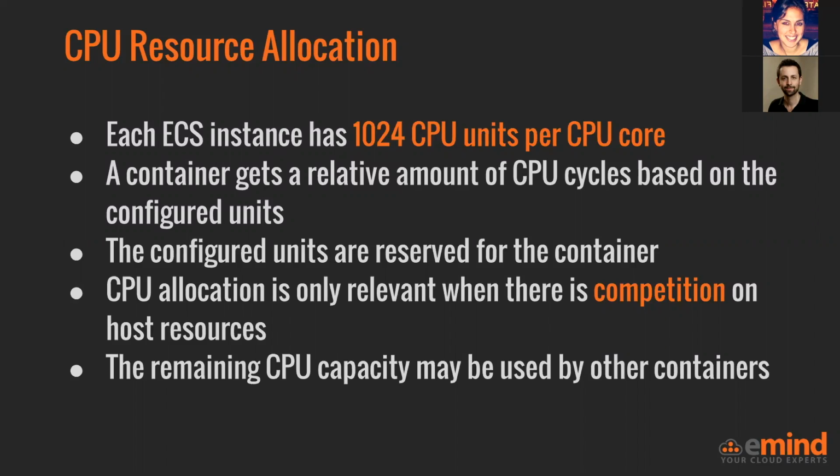Now, if no other containers are using the CPU, it may use even 100%. But when the CPU is shared between containers and there is load, it will still get at least 50%. Any container on the host may use the remaining capacity. The CPU units serve as a weight to determine how much of the spare capacity each container will get.